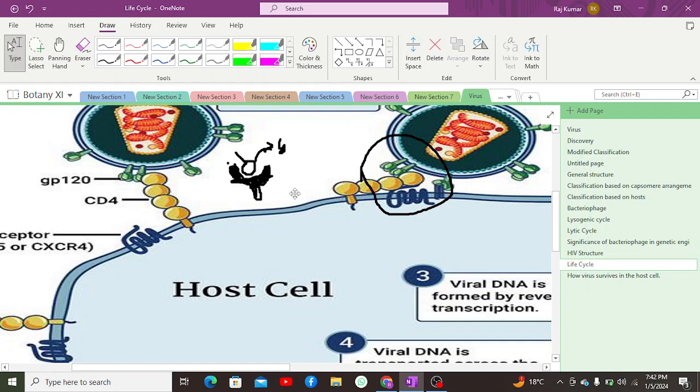As a result, as it turns aside, it causes the lipid bilayer of HIV and the lipid bilayer of the host cell to combine and attach.